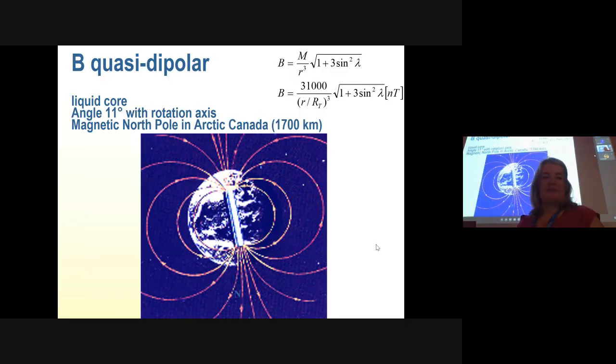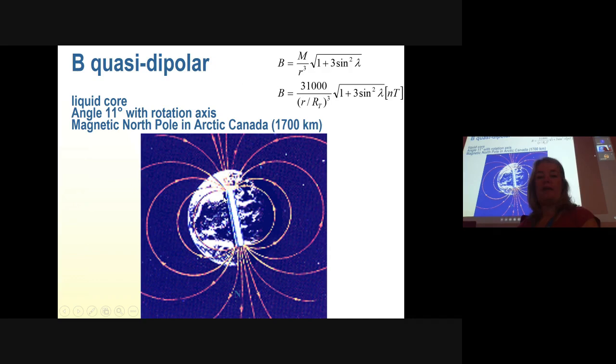So what is very important is the magnetic field of the Earth. It is created in the liquid core of the Earth, and due to the rotation of the Earth on itself, by a dynamo effect, it creates a magnetic field that is quasi-dipolar, but that forms an angle of 11 degrees with the axis of rotation.